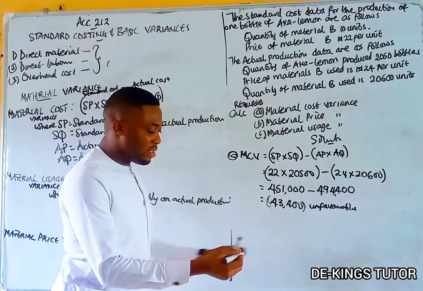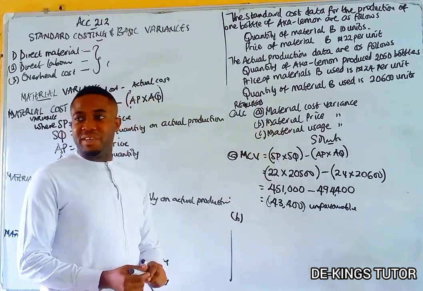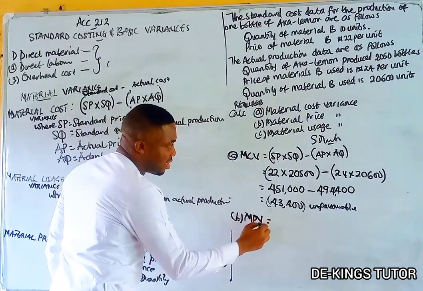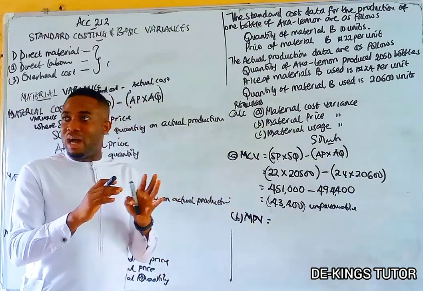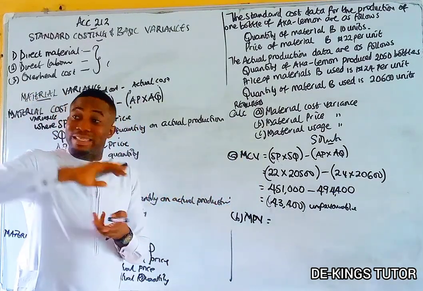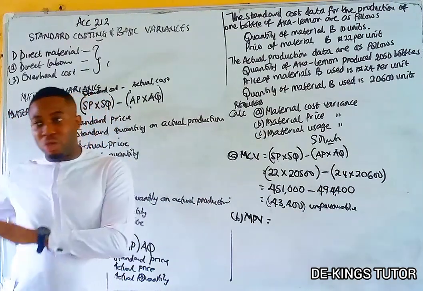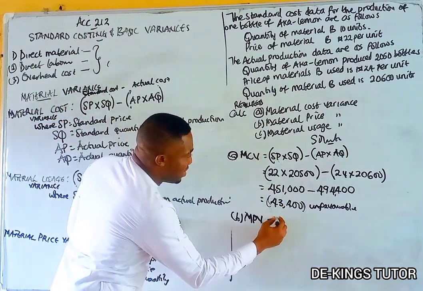So what's the second one? Now the second one is material price variance, which is MPV, right? The price variance is looking at the difference between the standard price and the actual price, which will be on the actual quantity.